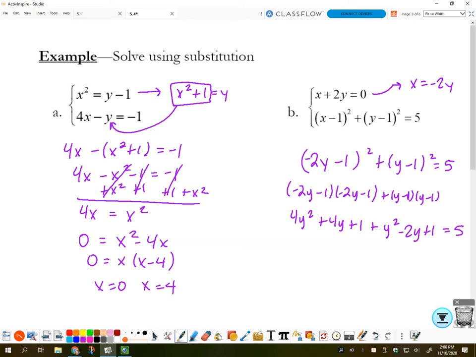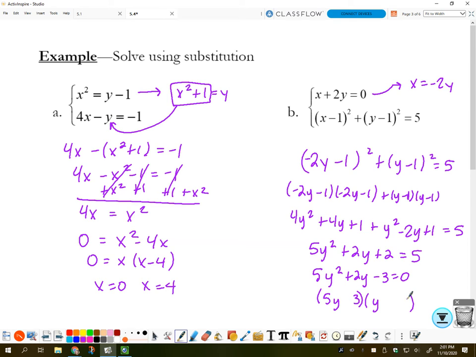All right, again, you have a quadratic, so when you combine your like terms, I'm going to subtract 5 so that it's equal to 0. And then hopefully it will factor. And I think for the most part everything's going to factor. So we'll have 5y, y.